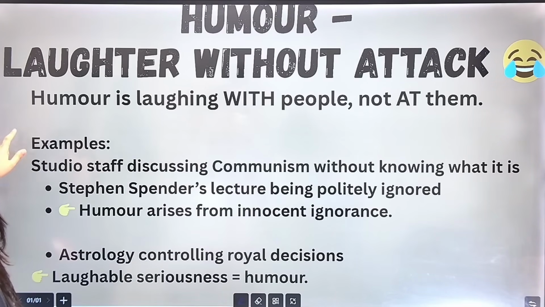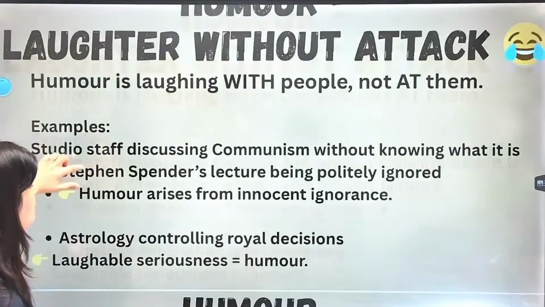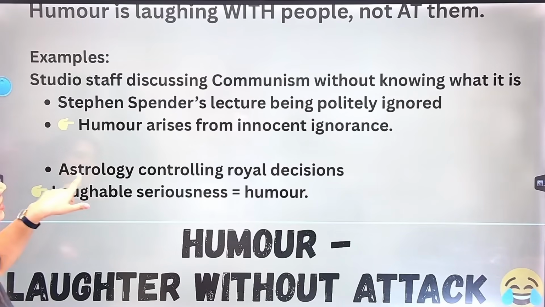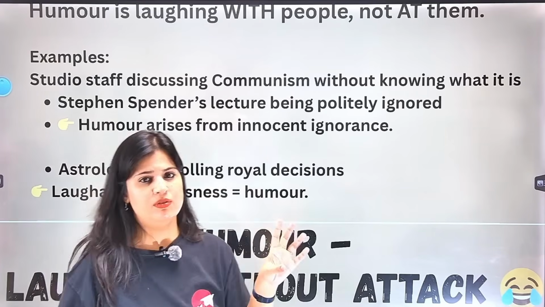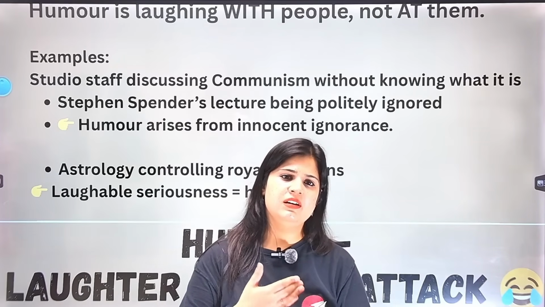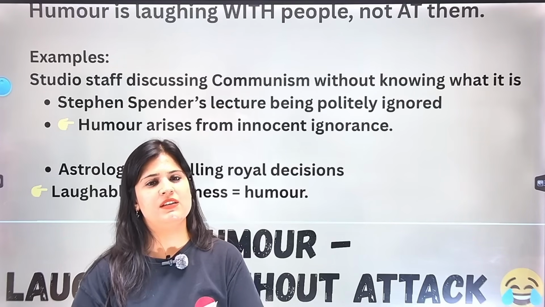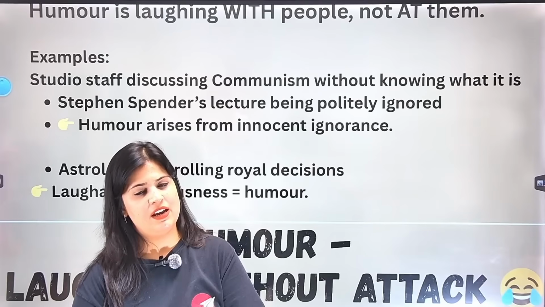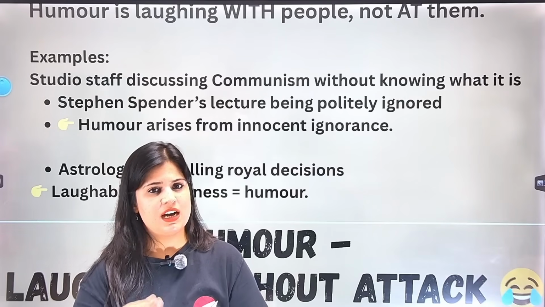Then astrology. This example is from Tiger King. Astrology controlling royal decisions, laughable seriousness is equal to humor. So, of course, when the astrologer makes the prophecy that the king will have to die at the hands of a tiger, that is also humorous.